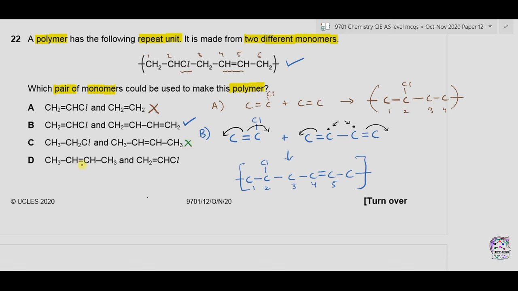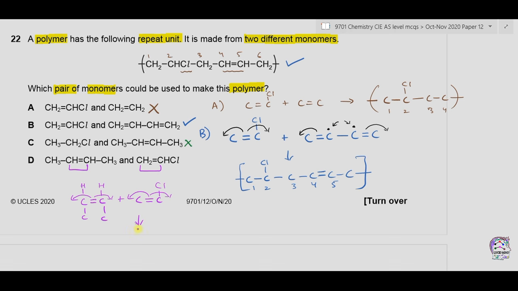Now moving towards D, in D we can see that the double bond is present between these 2 carbon atoms and also alkene is present. Let's draw the monomers. This is the first component and this is the second one. As double bonds are present, so therefore addition polymerization will occur and new bonds are formed on the sides.